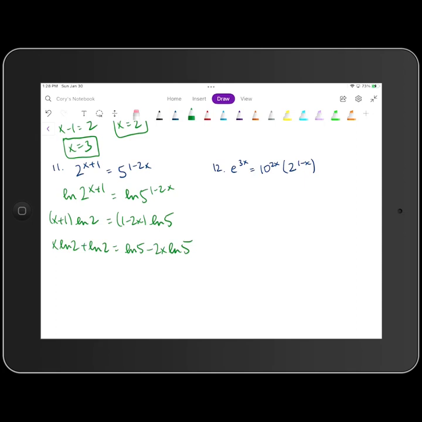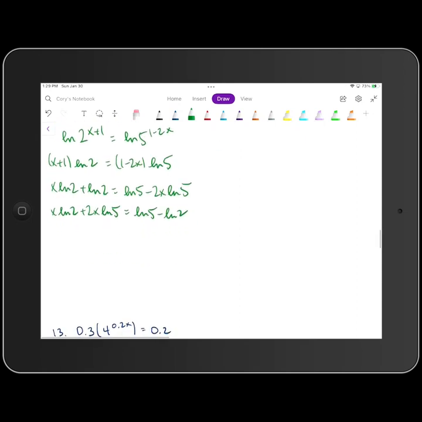Okay, and then if I want to solve for the variable x, I'm going to do like we did in the section on inverse functions. I'm going to move all x terms to one side, terms without x to the other side. So we get x ln of 2 plus 2x ln of 5 equal to the natural log of 5 minus the natural log of 2.